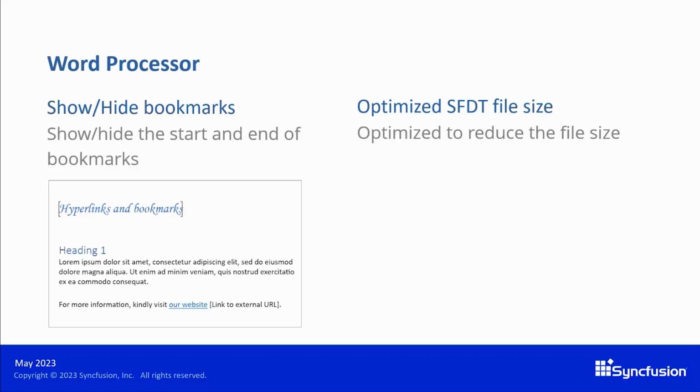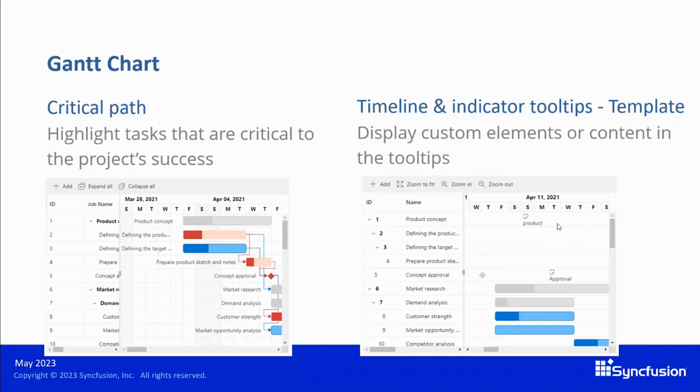Now moving on to the Gantt chart component, a new feature, critical path, has been added. Critical path is nothing but a task or a chain of tasks that is considered critical for the project's success.